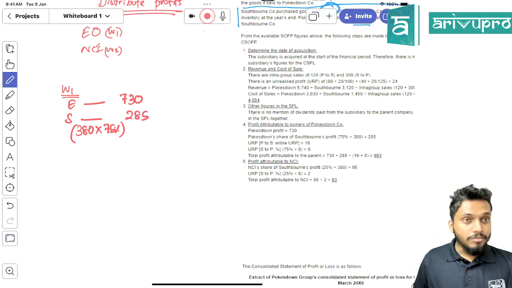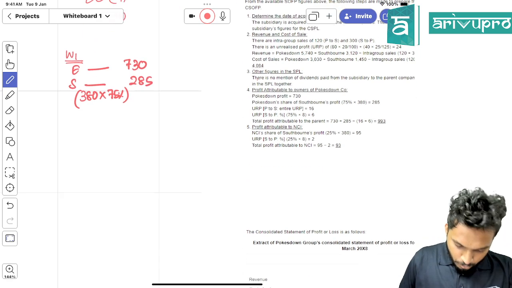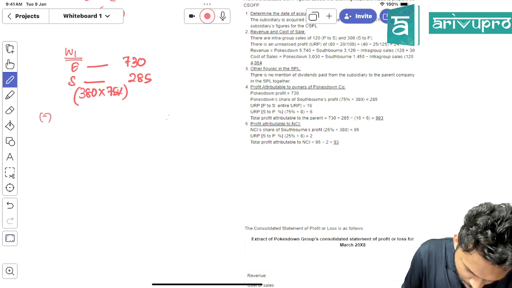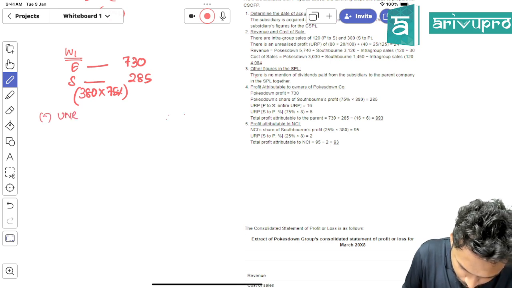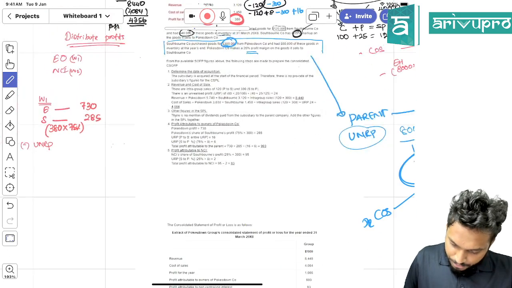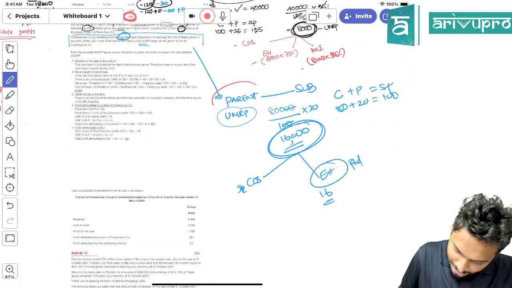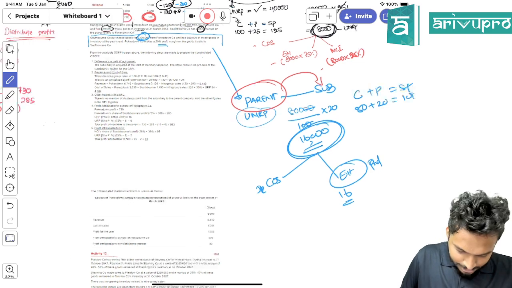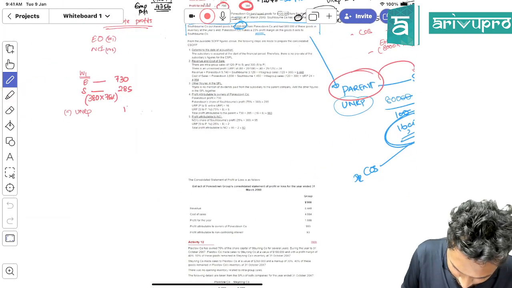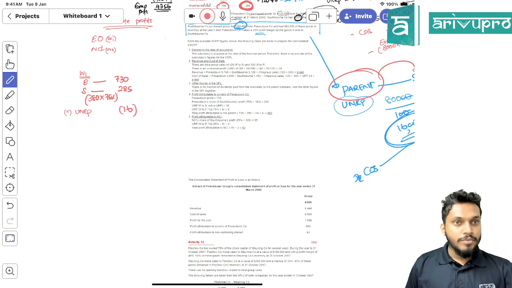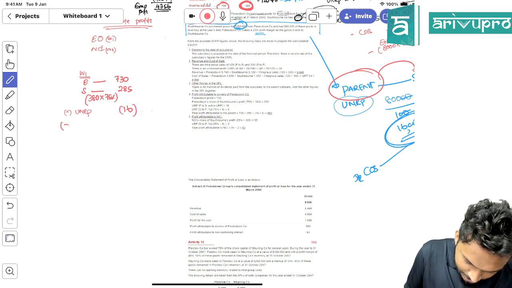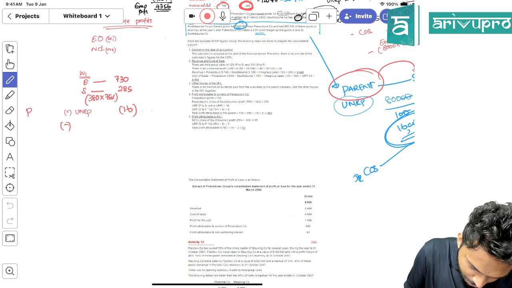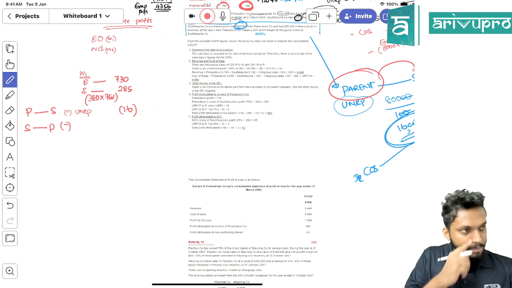285. And guys, don't forget, you had unrealized profits. So unrealized profits, directly when parent is selling to the subsidiary, that is 16,000. So I can deduct that 16,000 directly. However, there is another unrealized profit. Now this is parent to subsidiary, then the next one is subsidiary to parent.